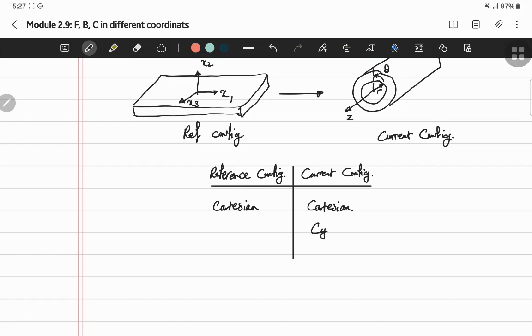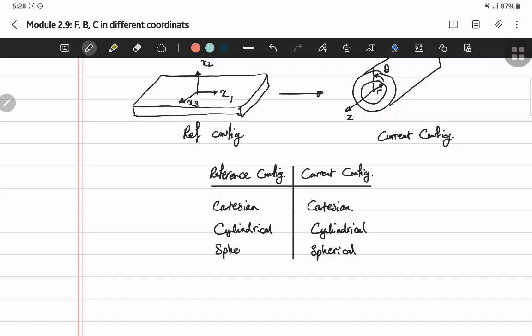It could be cylindrical, or spherical, or any kind of curvilinear coordinate system. Or here you can have cylindrical, and then you have either Cartesian, cylindrical, or spherical for the current configuration.